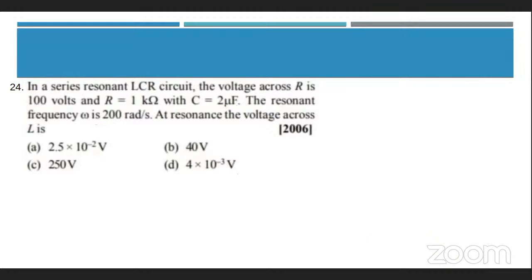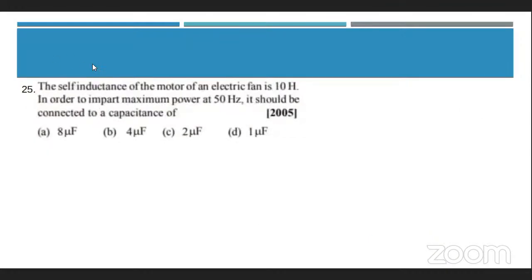The self-inductance of a motor is given. In order to impart maximum power, this is the condition of resonance where XL will be equal to XC.